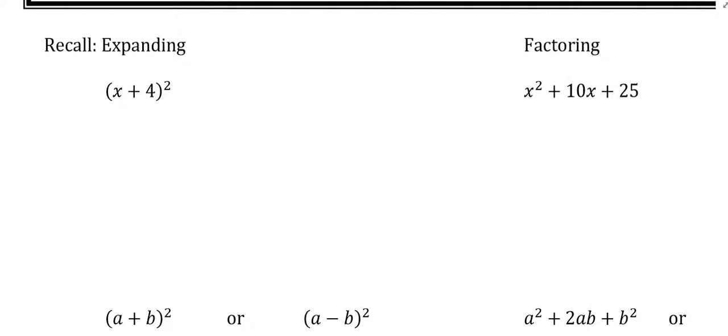Remember when you expand something like this, x plus 4 all squared, what would that look like?